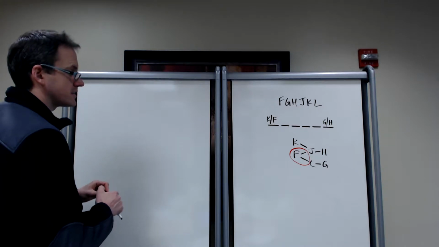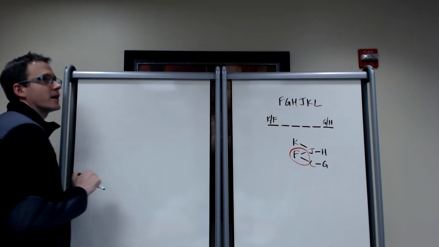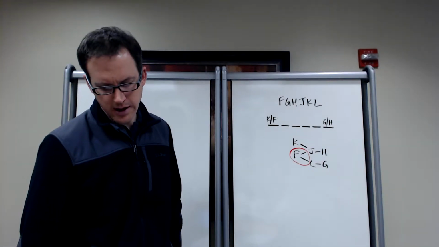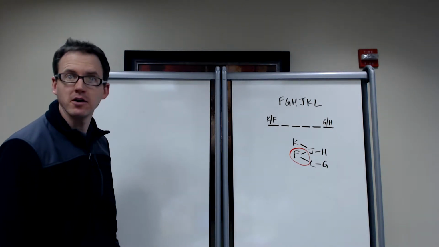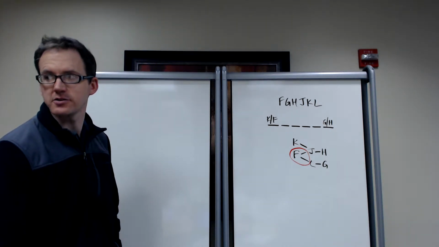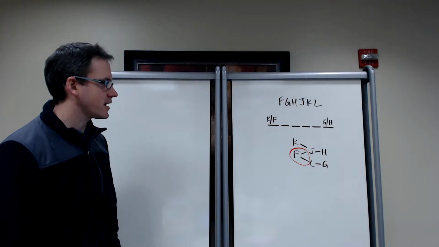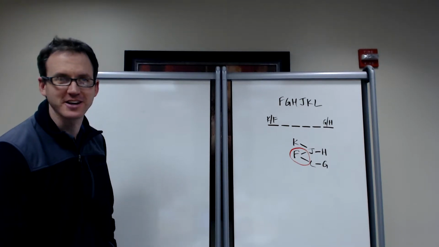Is this a good replacement for... Oh, wait, I'm sorry, I misread the rule. Only K can be released earlier than F. That means everything else has to come after F. I should have read more carefully. Yeah, that's true, right? That's probably the answer, actually.